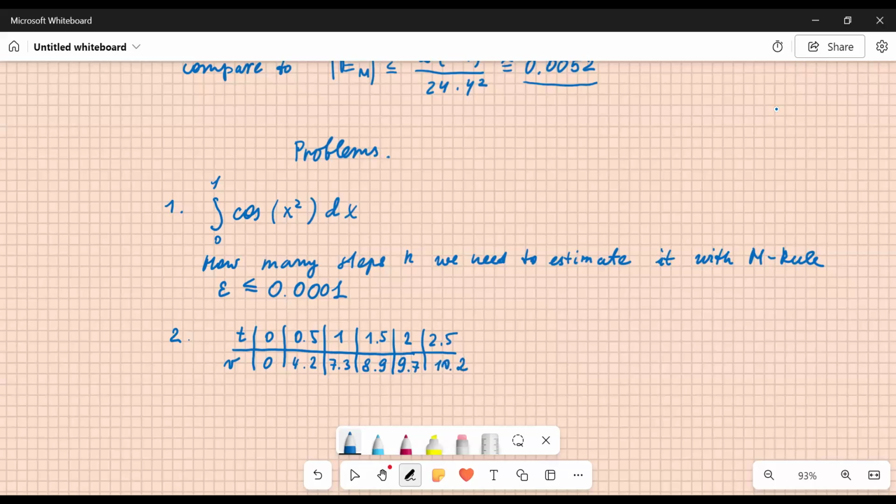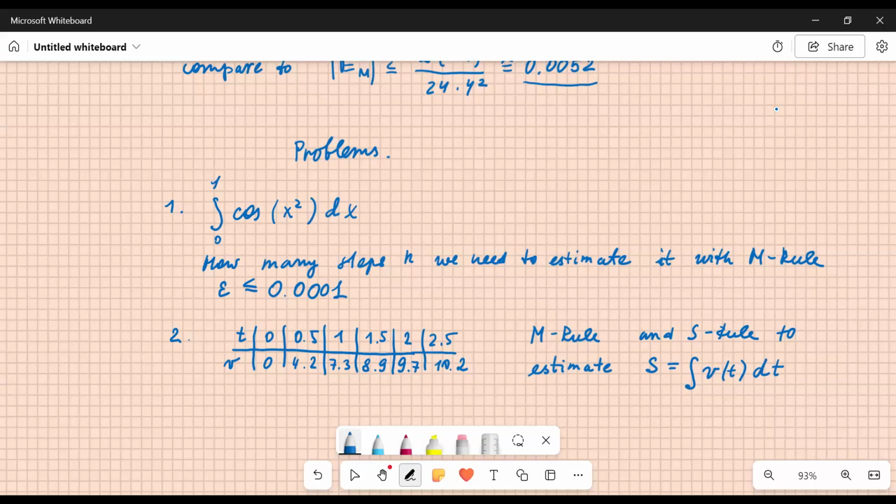Here, guys, can you use the M rule and the S rule to estimate the displacement, which is going to be equal to the integral of velocity over time dt.